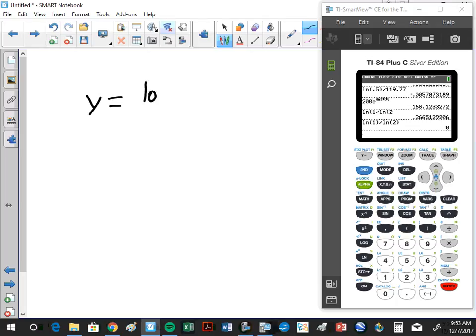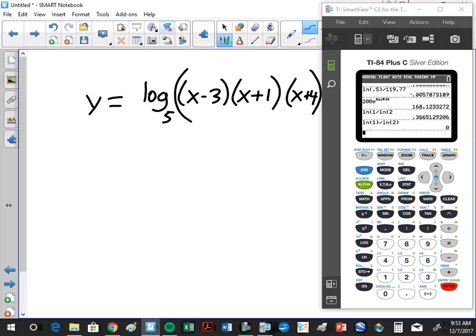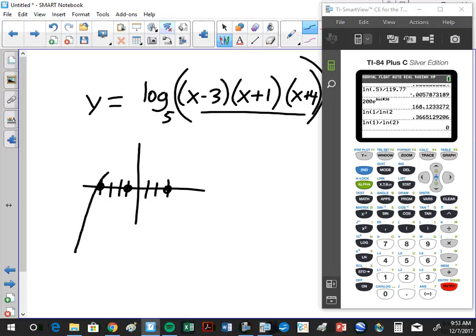Let's say I had log base, it doesn't matter, of x minus 3, x plus 1, and x plus 4. Well, this is a graph that hits at negative 4, negative 1, and 3. And it looks like this.